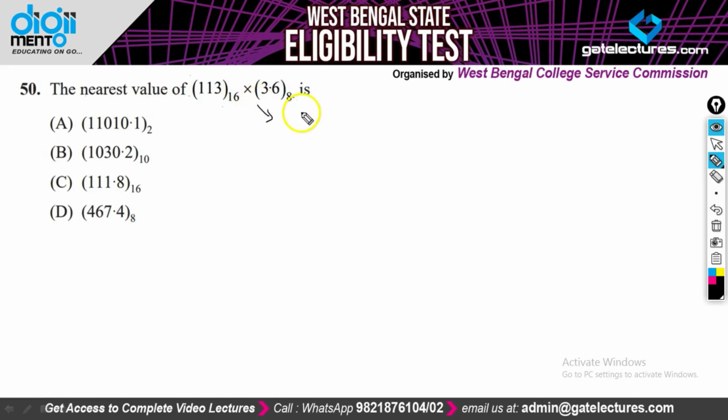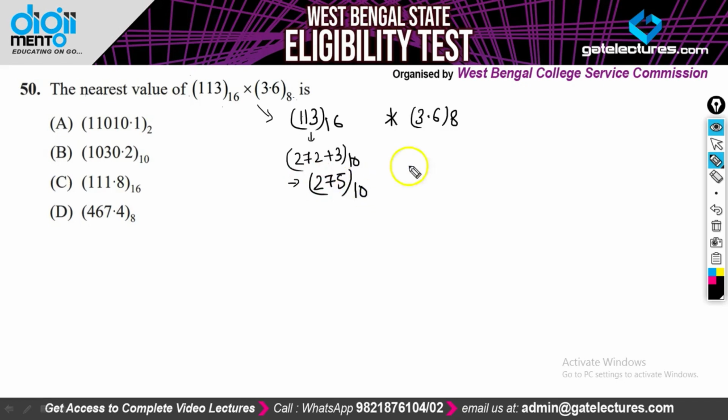So let's convert them: 113 base 16 into 3.6 base 8. When I convert it, it's 16 plus 1 is 17, 17 into 16 is 272, plus 3, so 275 base 10.